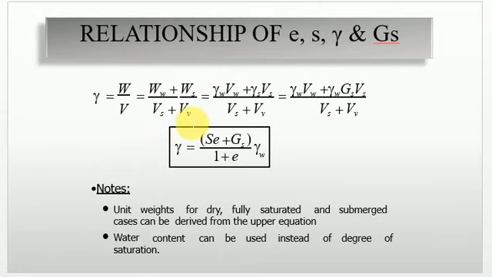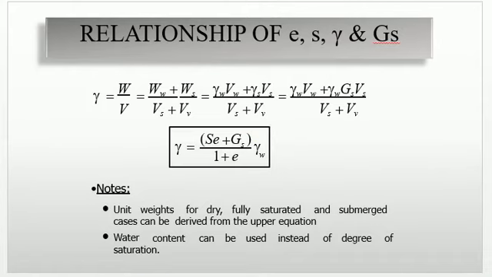Here volume of voids is volume of water plus volume of air. As we discussed earlier, the weight of water is density of water into volume of water. Similarly, the weight of solids is density of solid into volume of solid. So in the numerator, the value will become gamma W into Vw plus gamma S into Vs. In the denominator, it is the same, Vs plus Vv.